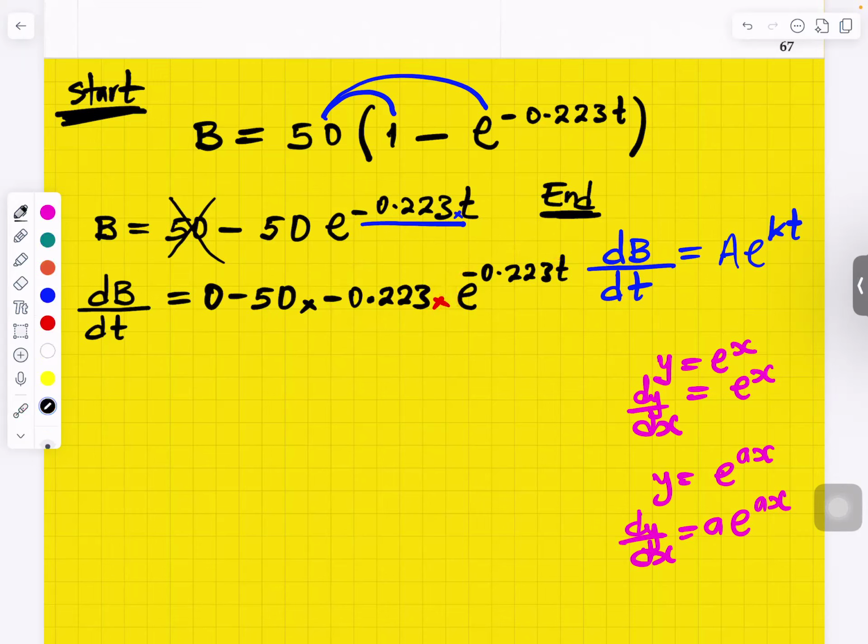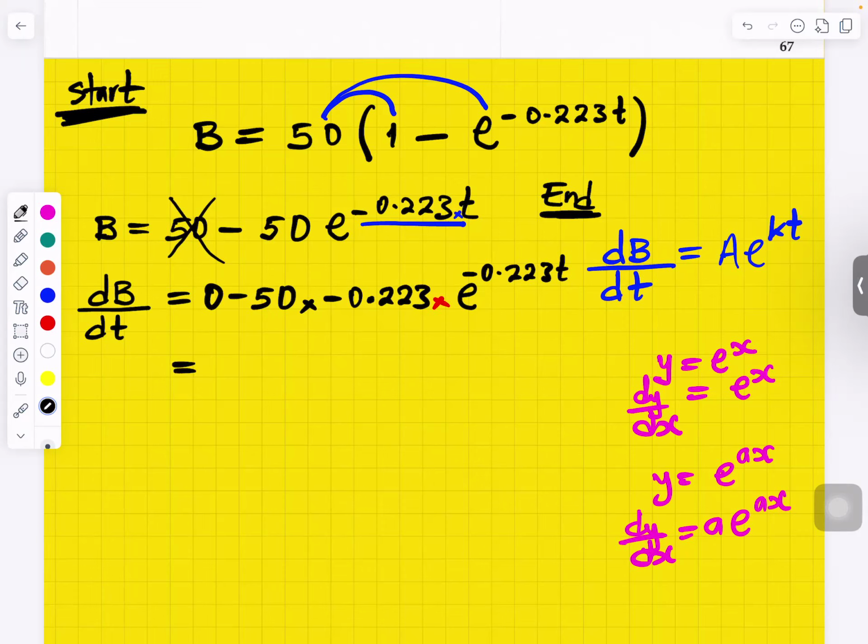Now we need to simplify. In your calculator, what's minus 50 times 0.223? Put that in the calculator. 50 times 0.223. What do you get? Minus 11.15.